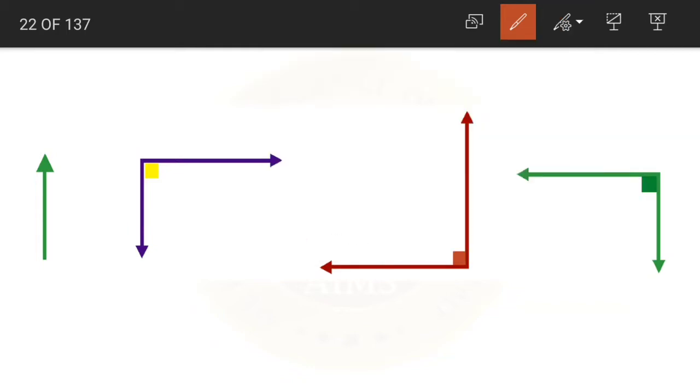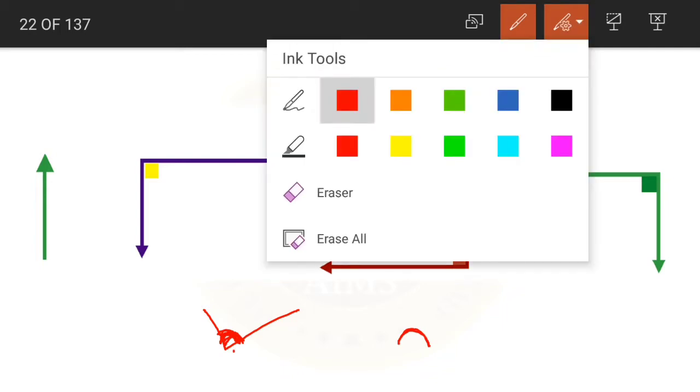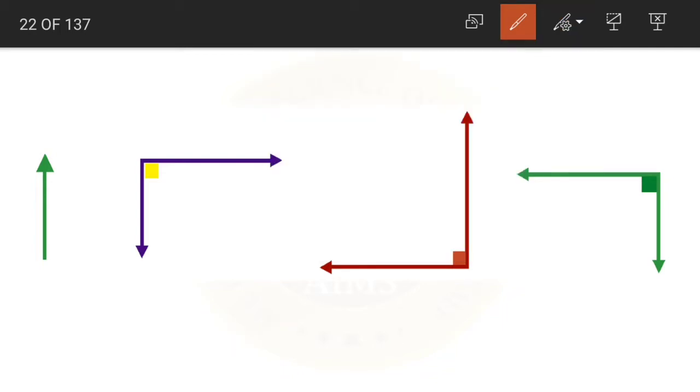If you observe the remaining angles, suppose we have an angle like this, for these angles we put a circle like this. For the angle symbol here we put a semicircle kind of thing. But when we are finding out right angles, we make an L shape here. Suppose this was any other angle, then we make a semicircle like this.